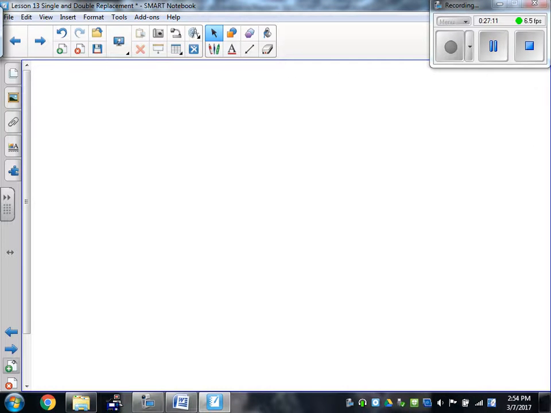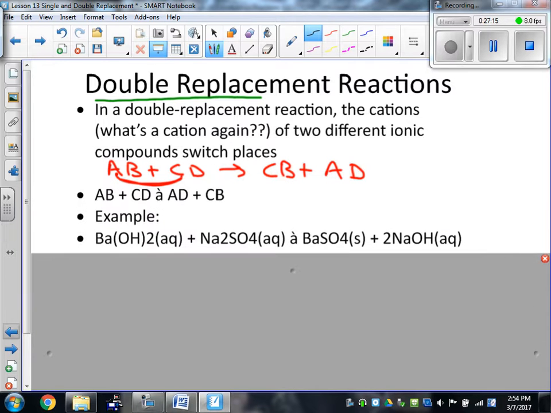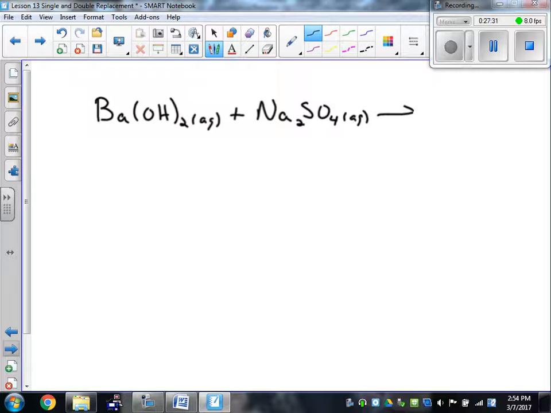So, no, I forgot it already. What is it again? Barium hydroxide, sodium sulfate. Now, I usually run out of room because I like to write it nice and big here.